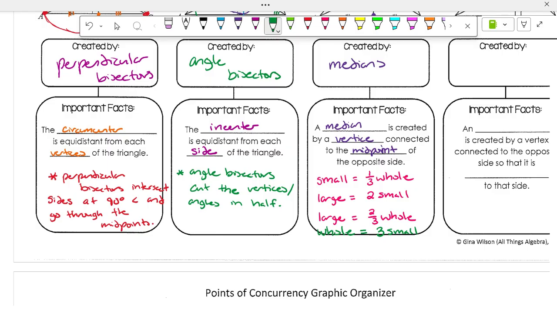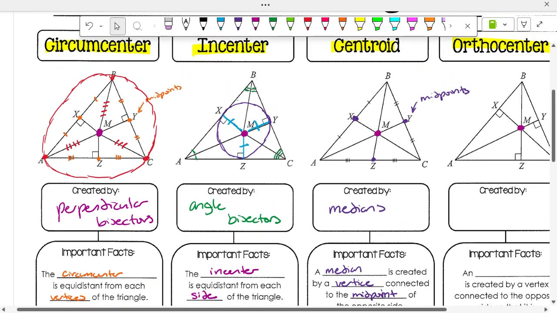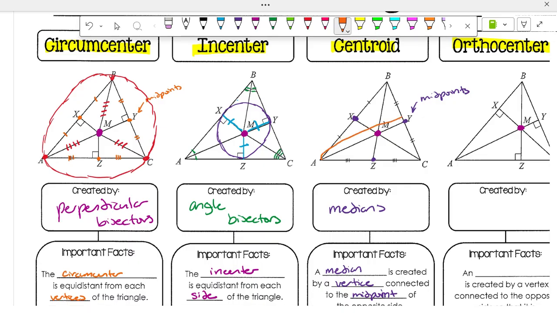Now, what does all this whole, large, and small mean? Well, if we look at each median, let's just take AY for example. This is one median. The whole is the whole segment.